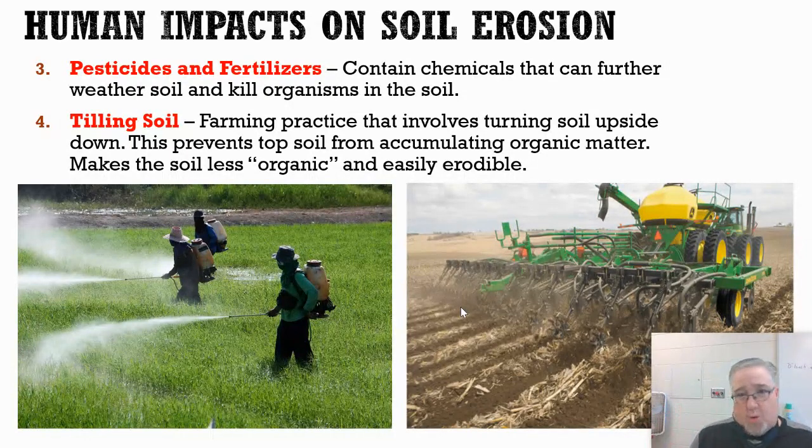Again, it makes the soil much more erodible. All this dust just kicks up in the air and can easily be transported by the wind to other areas. So, again, tilling soil, even though it may be a necessary practice if we're going to grow food, it is something that erodes soil and makes the soil quality much less. All right, so make sure we know those impacts.